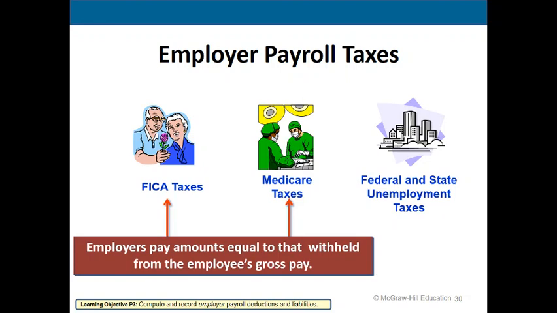On top of those two things, the employer is responsible for paying federal and state unemployment taxes.